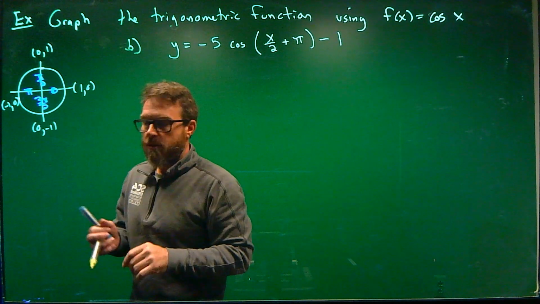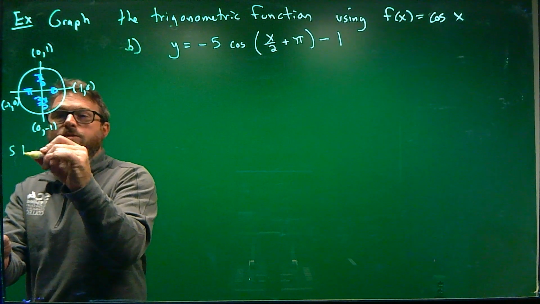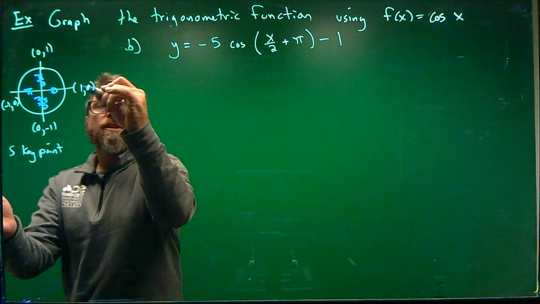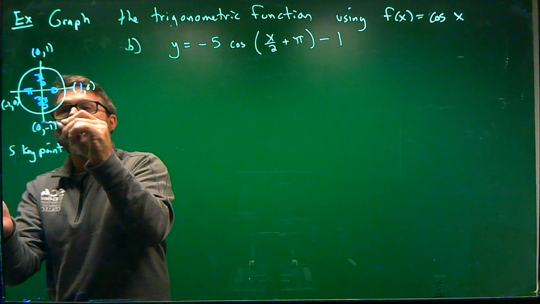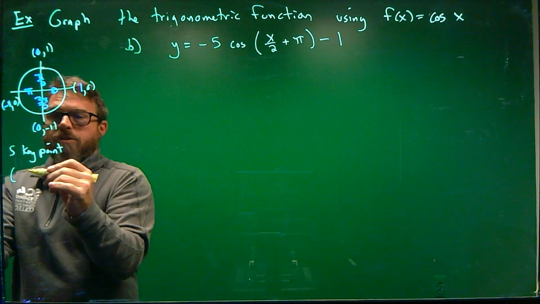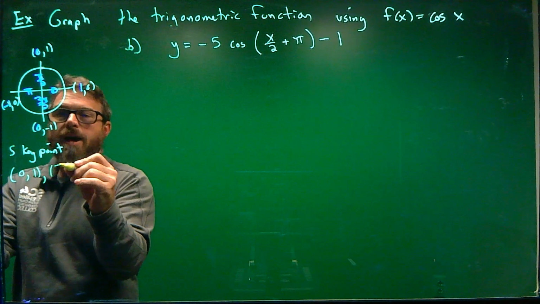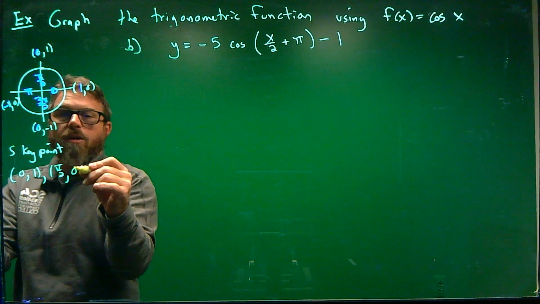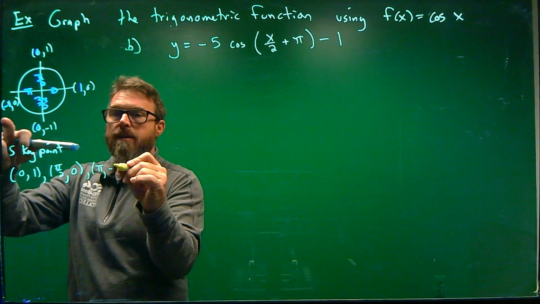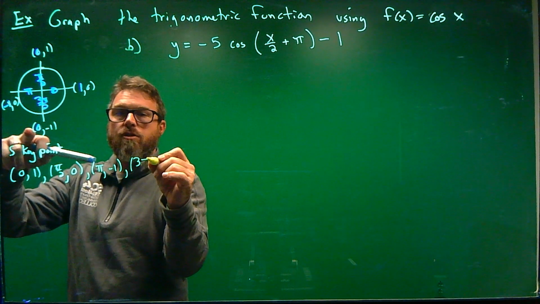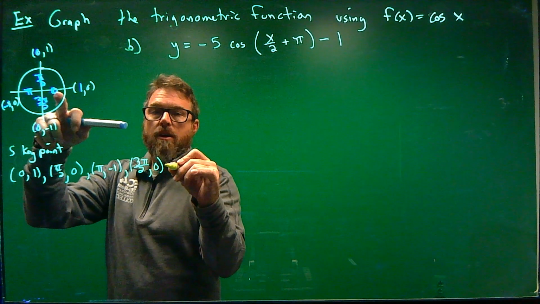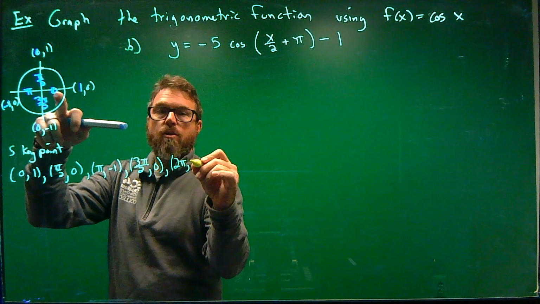So let's go back to that unit circle and talk about the 5 key points of the cosine. We're going to do exactly the same thing we did with the sine, except we're going to use the x coordinates instead, because that's what the cosine value, or output, is. So angle 0, output 1, angle pi over 2, output 0, angle pi, output negative 1, and then 3 pi over 2, output 0, and then finally 2 pi, moving all the way around the circle, back to 1.